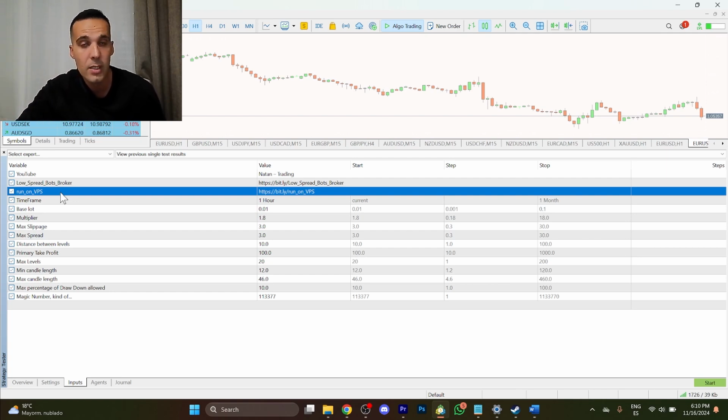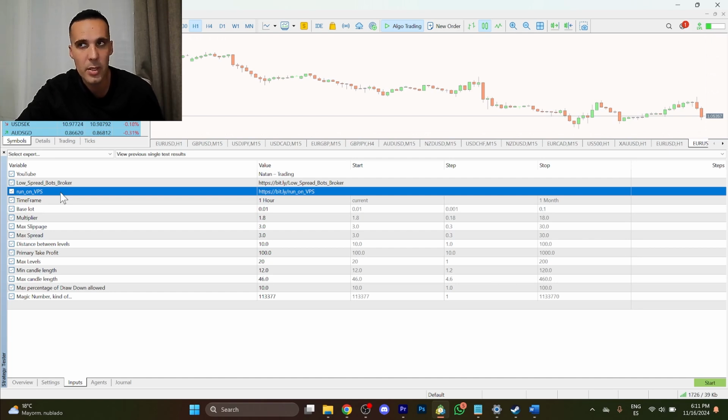You will log in to your account, and then you will copy, in this case, my robot. It will be yours because once you download it, it is totally for you, it is free. So once you have your robot, you copy and paste it, you put it to work on the MetaTrader located on your VPS, and that way it is going to be running all day. It will never stop running.